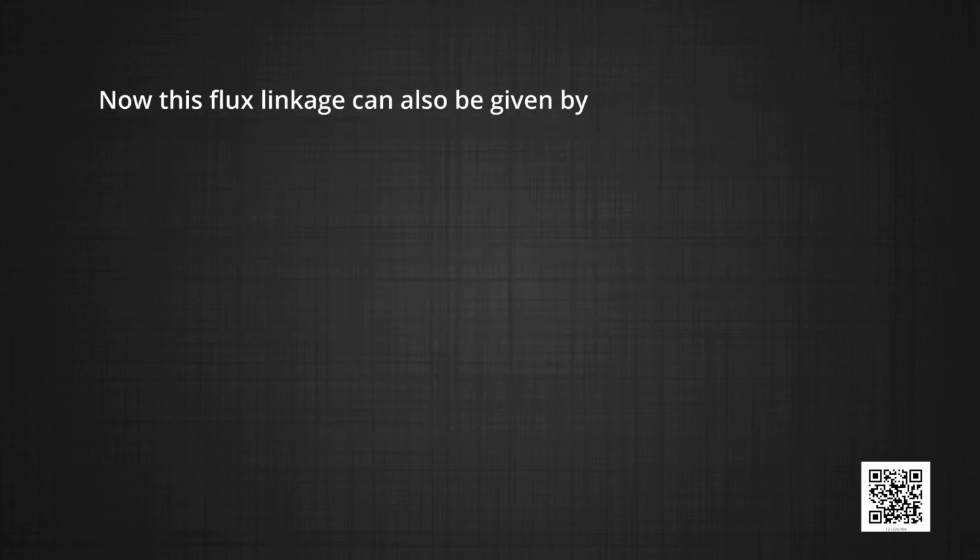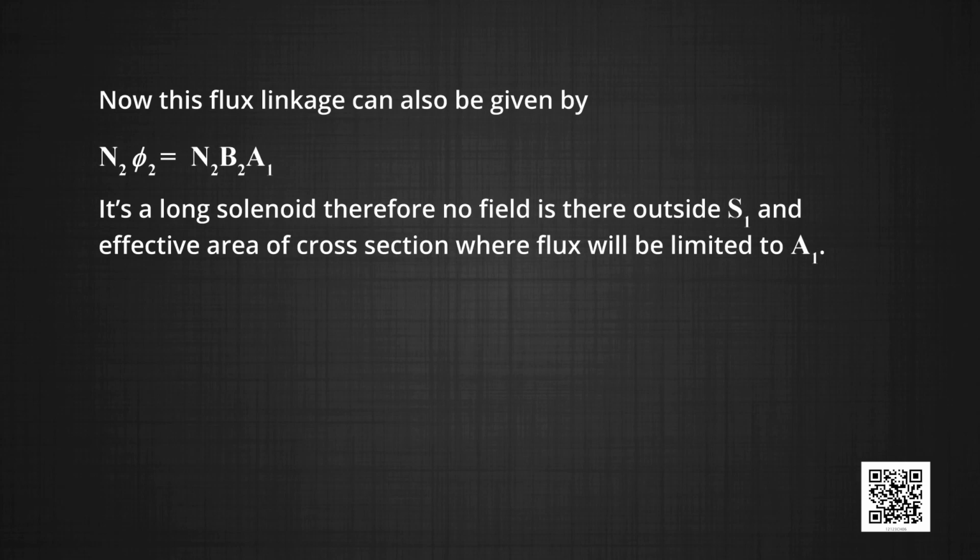Now, this flux linkage can also be given by N2 B1 A1, because phi is B into A. But one thing that strikes is why I have not written phi2 as B into A2. Instead, I have written it with A1. The reason is that it is a long solenoid, therefore, no field is there outside S1. So, the effective area of cross section where the flux will be limited is A1.